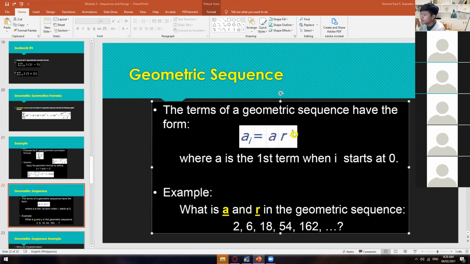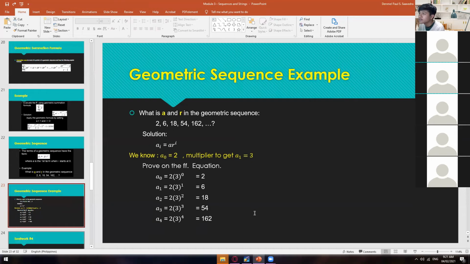And then if we have the second term, which is now raised to 1, so 2 times 3 raised to 1 is 6. And then getting the third term is 2 times 3 raised to 2, wherein you will get 18. Okay, and so on and so forth. So a here is 2, and then r here is 3. i here is already given, so as always, you will start with 0, and then incrementing by 1. So raised to 0, raised to 1, raised to 2, raised to 3, raised to 4, and so on and so forth.